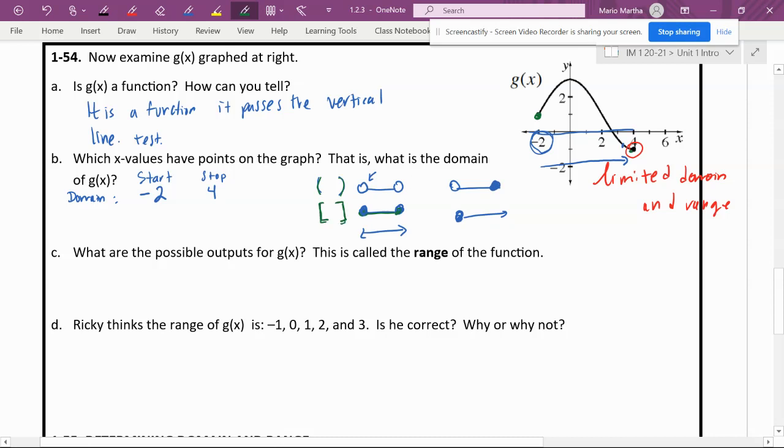For the arrows, you would use parentheses as well, but that means it never stops in either direction. And if you have a start and then an arrow, that means it starts somewhere but never ends. That's a big difference. Here, we have two closed ones, so we would use the closed brackets, and then you can just put a comma in between those two.